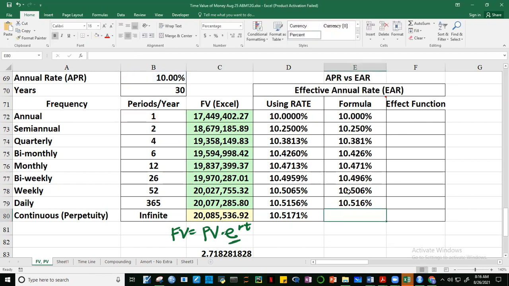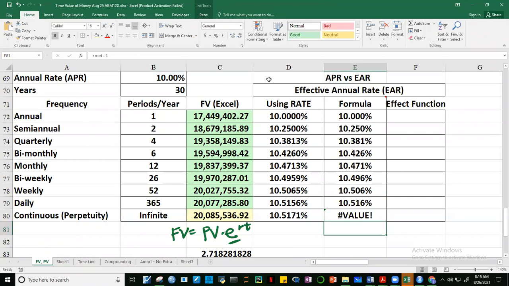Now, dito, guys, syempre, hindi natin pwede makopy yung formula kasi we are dividing by a text. Hindi tayo pwede mag-text kasi mag-error yan. Kasi we cannot divide by a text. B80, it's a text. So anong gagawin natin dito? Now, the equivalent EAR for continuously compounded.